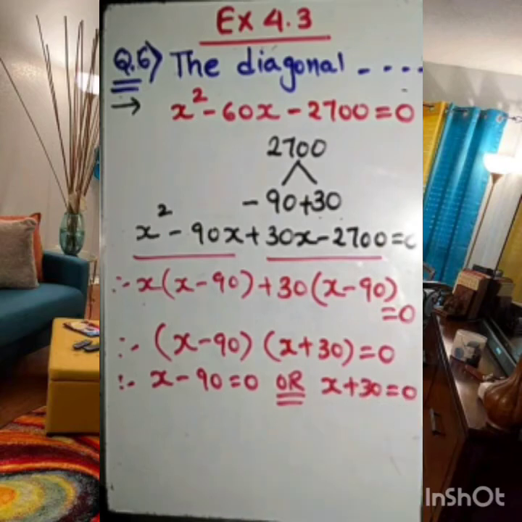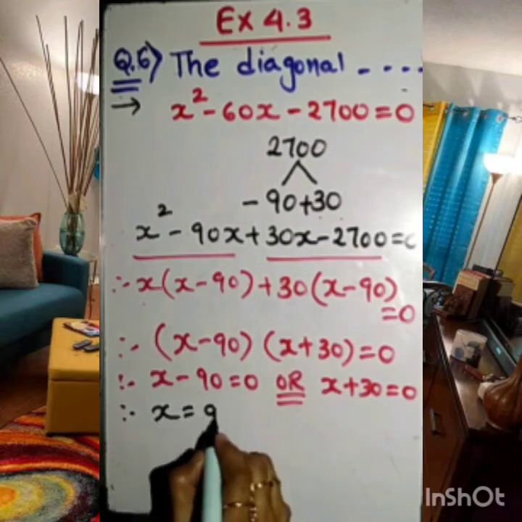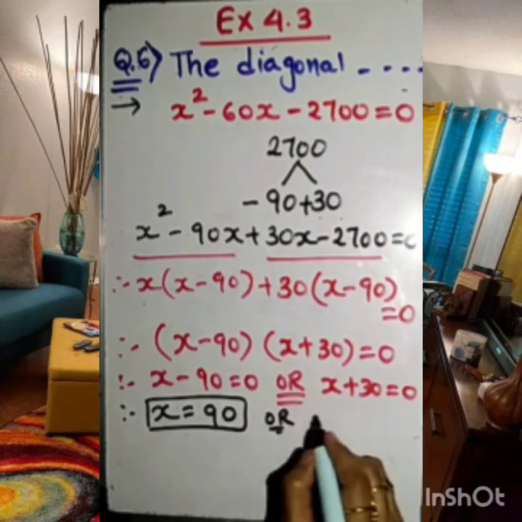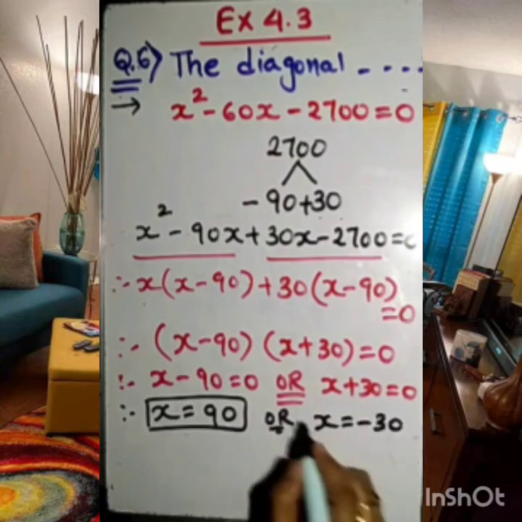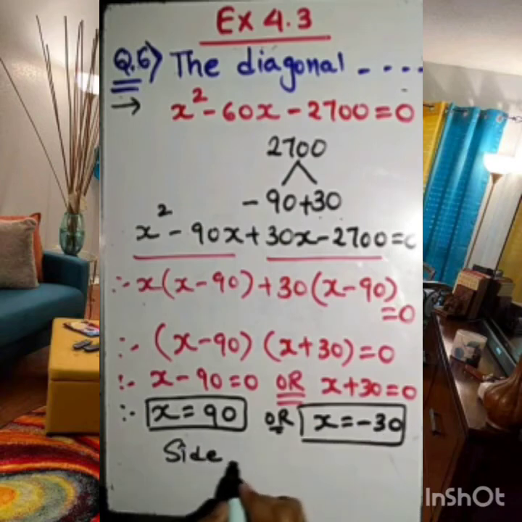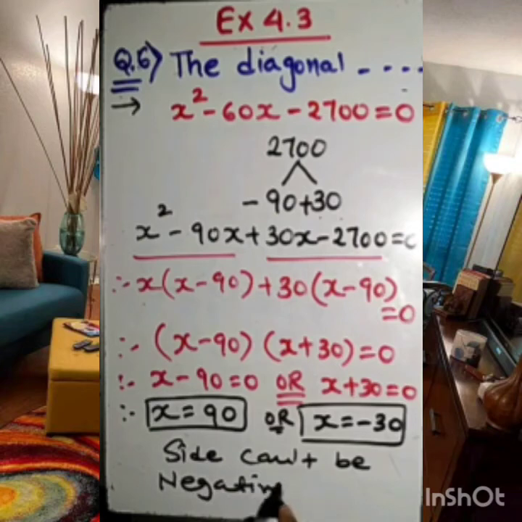So my dear student, finally the value of x will be 90. Reason behind that: the other value of x is negative, minus 30, and the side can't be negative.